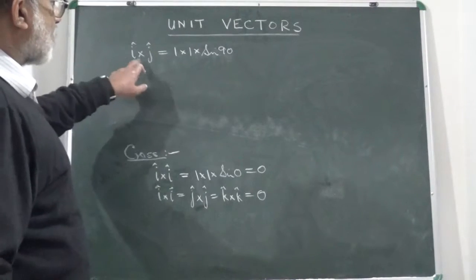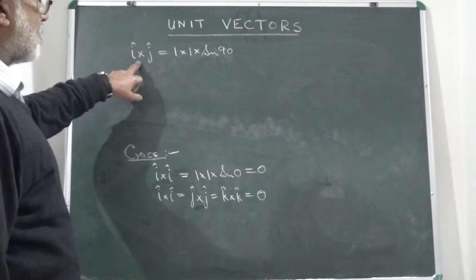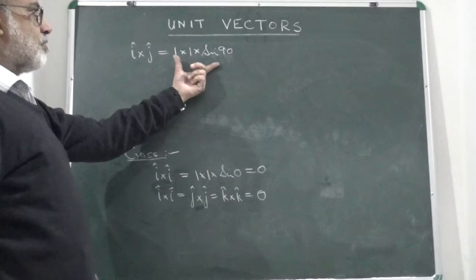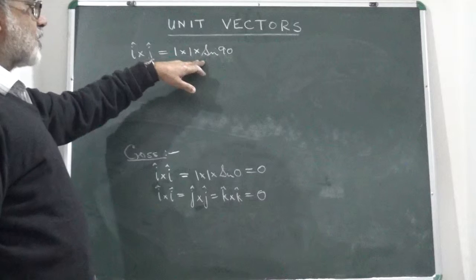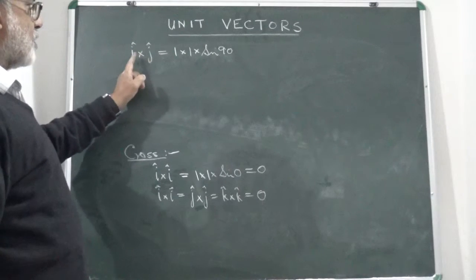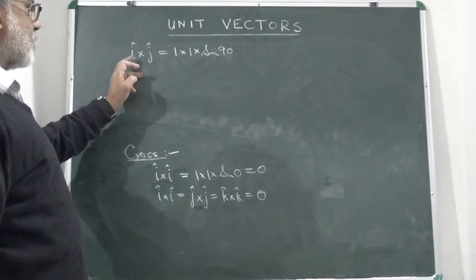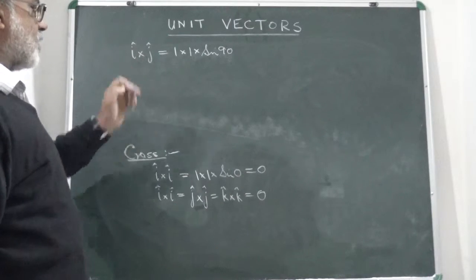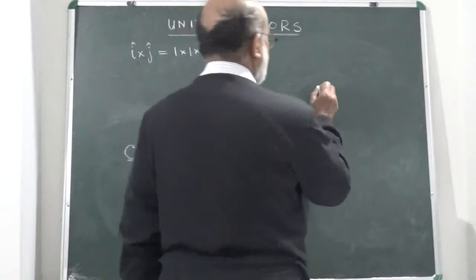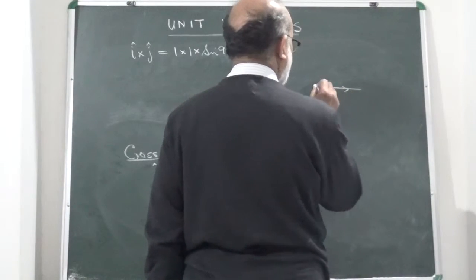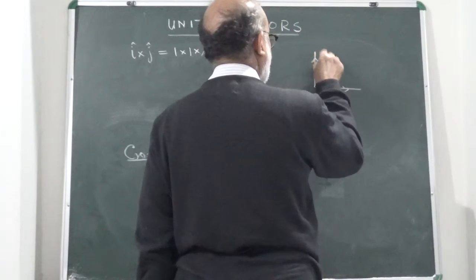Now this is a cross product. It means the product is also a vector, and the direction of that vector must be perpendicular to the plane formed by the vectors i and j, and must follow the right hand rule. Suppose this is along the x-axis and this is the y-axis.